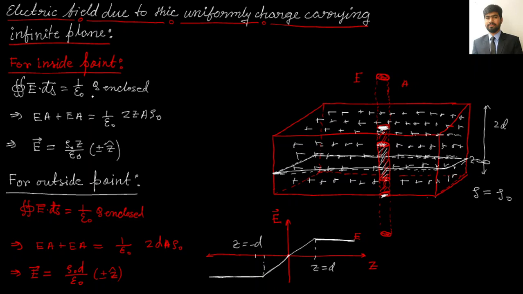We have learned how to calculate the electric field due to asymmetric charge distribution using Coulomb's law, and then we have also learned how to calculate the electric field using Gauss law for symmetric charge distribution. Meanwhile we have also learned how to calculate flux for different cases, and we have also learned the divergence theorem of Gauss law. So based on this theory, in the next class we'll solve a few numerical problems. Okay, so thank you for watching and see you in the next video.